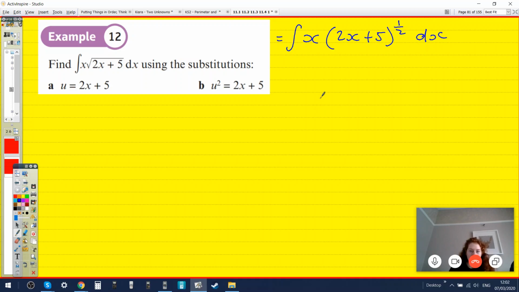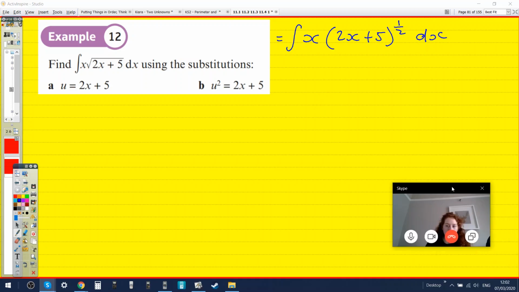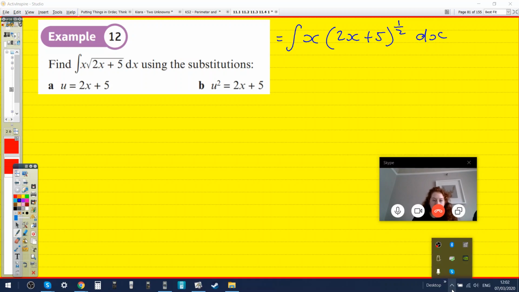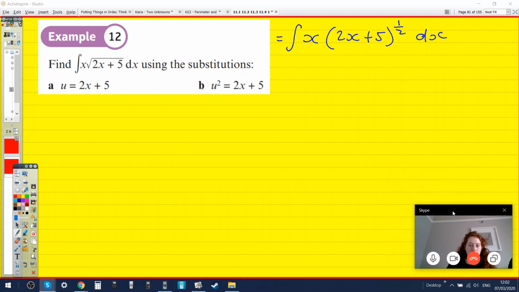Can we use it for rearranging for x? For the u. Yep. So that's just u minus 5 over 2.